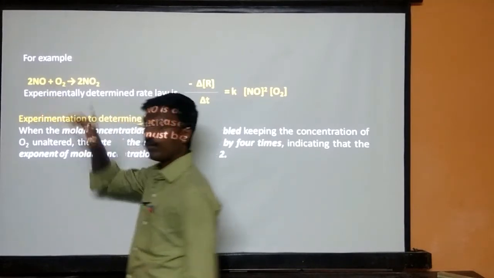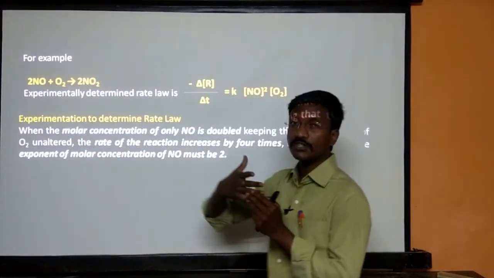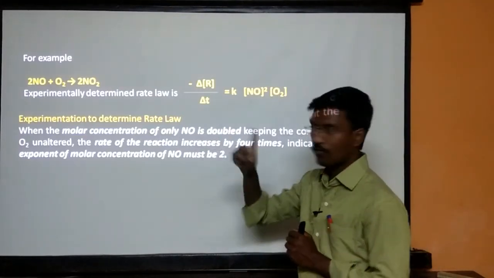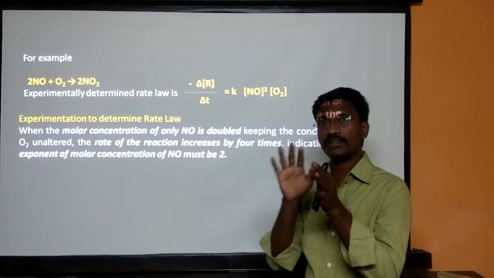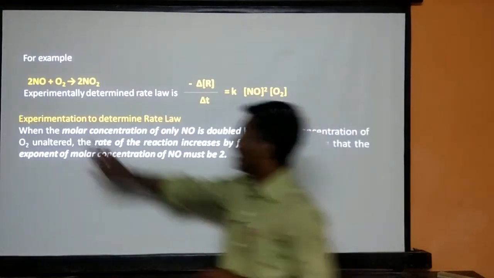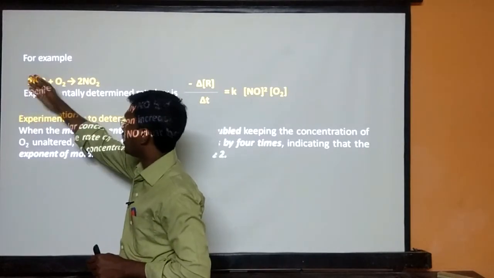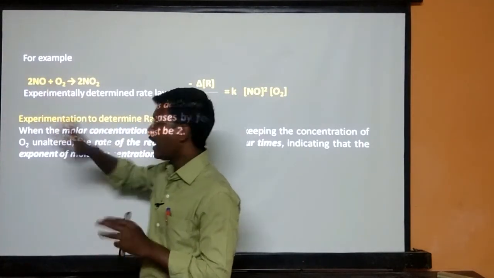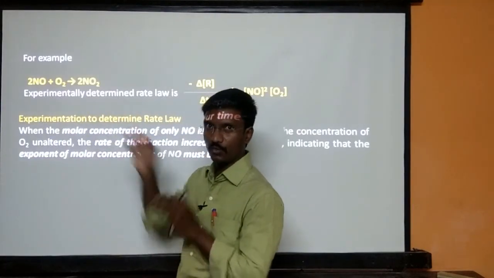Between the two reactants, we increase the concentration of one reactant and keep the other unaltered. We double the concentration of NO, and at that time we do not touch the concentration of O2. Then we check how the rate of the reaction increases.